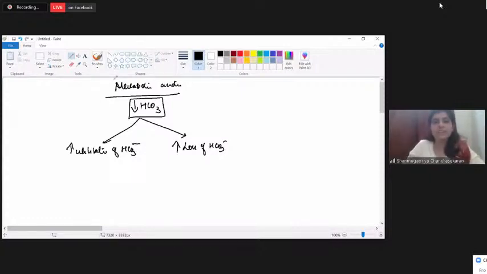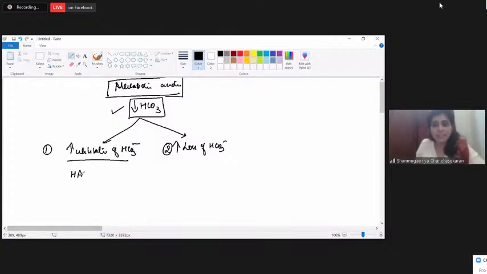Fine. So we have discussed what is metabolic acidosis. I said metabolic acidosis is a decrease in bicarbonate. What are the causes of decrease in bicarbonate? One is increase in the utilization of bicarbonate, and the other is increase in the loss of bicarbonate. So when will there be increase in the utilization of bicarbonate? Whenever an abnormal acid gets generated in your body.